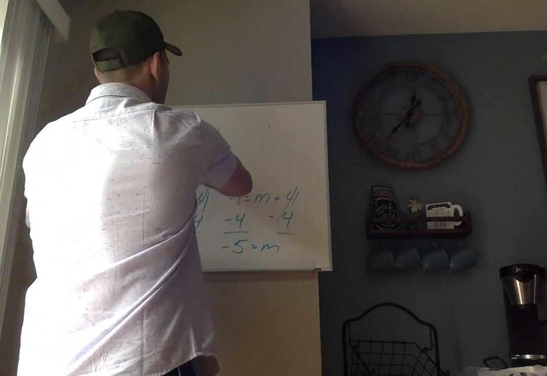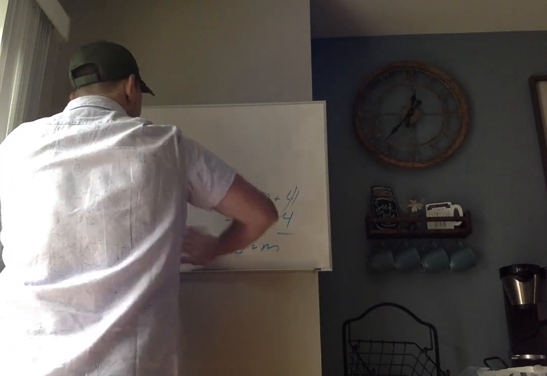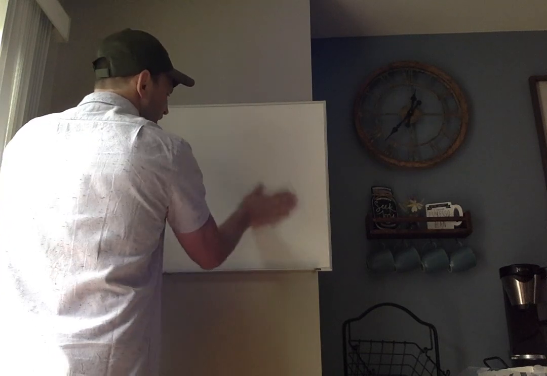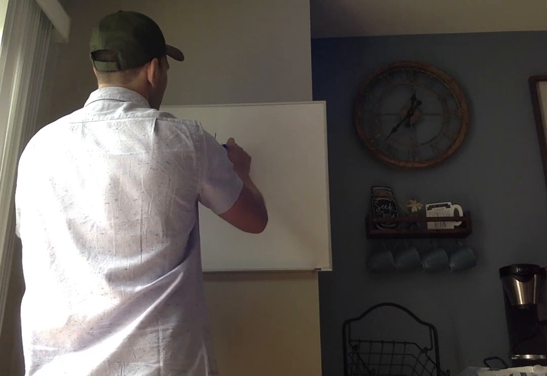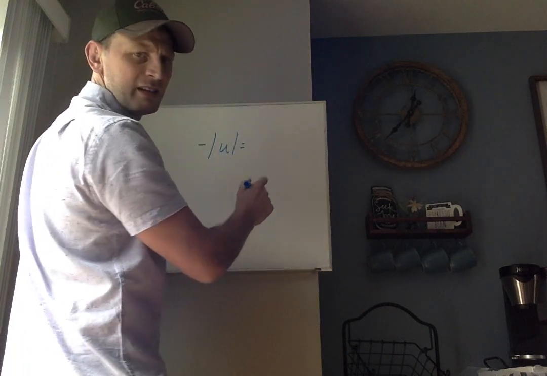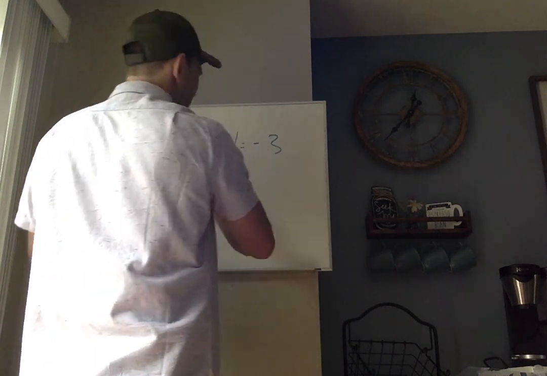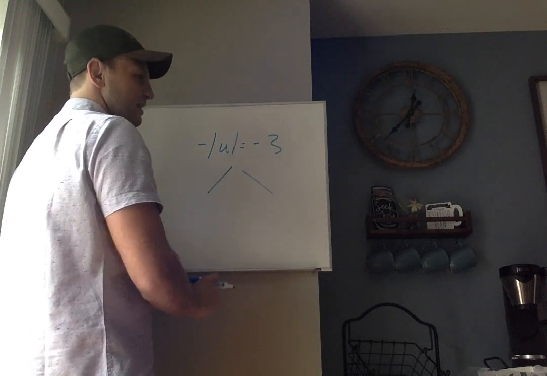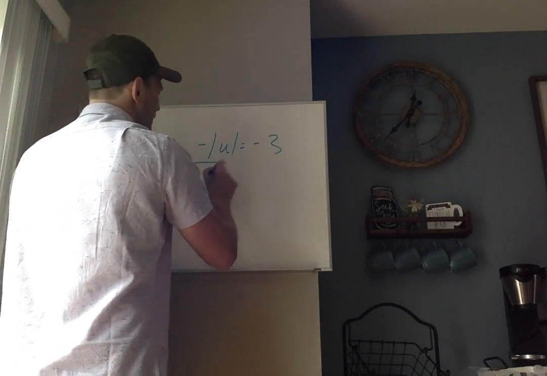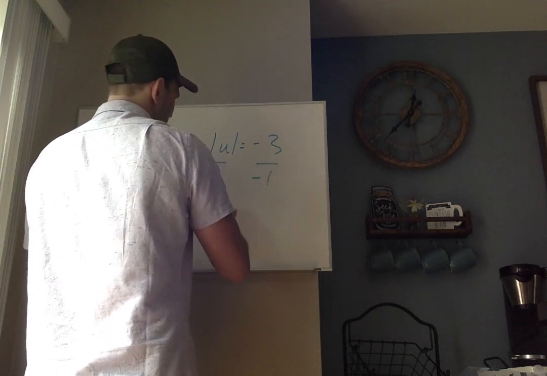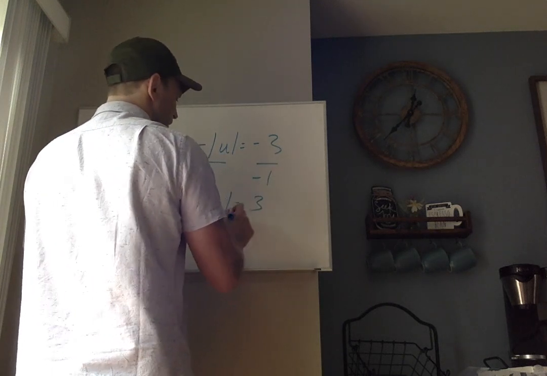Now, we're getting into these better problems. This one is negative the absolute value of u equals negative 3. Why did I say it's better? Because I'm not just going to break this apart right here. First thing I have to do is get the absolute value alone. So I'm going to divide by negative 1, and then I have the absolute value of u equals 3.